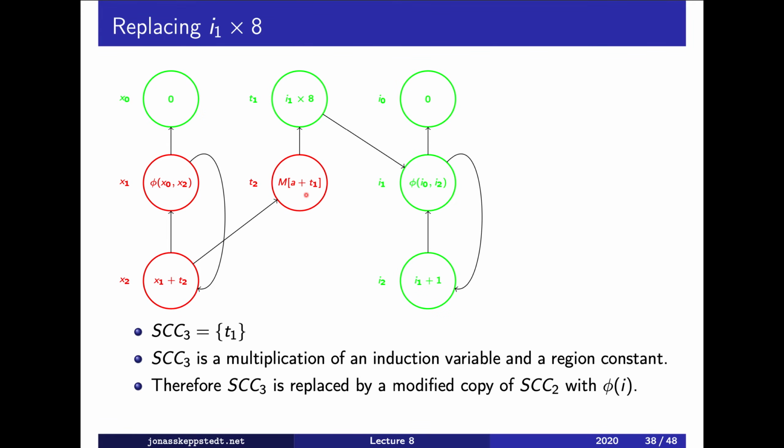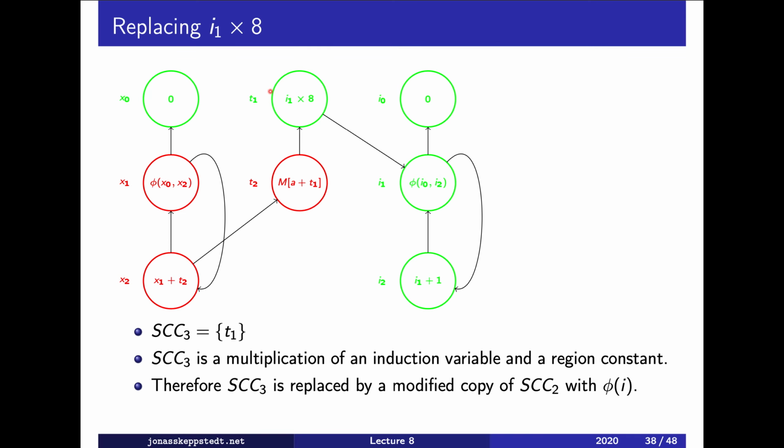Okay, so what should we do here? When we have this multiplication, what we want to do is to change it from a multiplication to add. And now comes the nice thing with this algorithm. We simply copy the structure of this strongly connected component and modify this constant with the factor that we multiply the strongly connected component with.